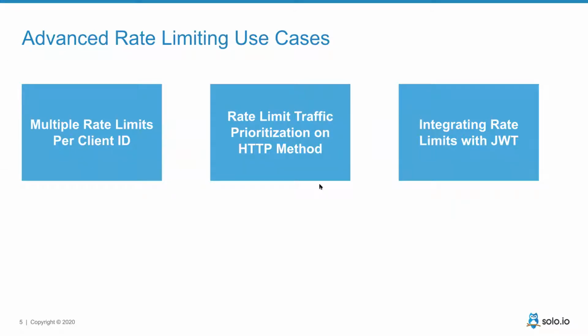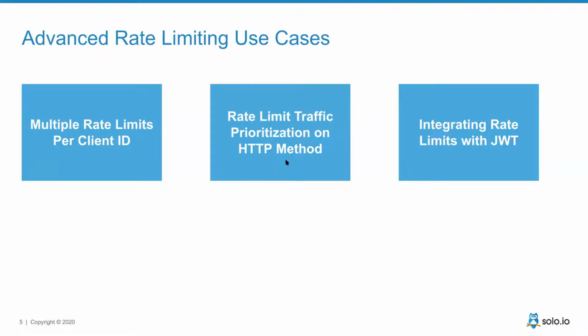Now, in terms of the demos that we're going to look at, the first will be configuring limits related to the clients. So saying, I want to make sure that for each unique client that's accessing my application, they have X requests per second. We'll get into some more advanced cases.